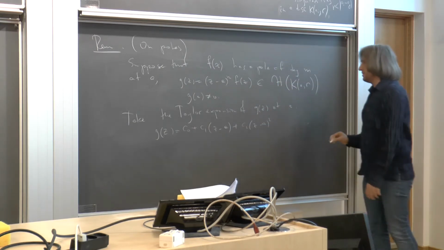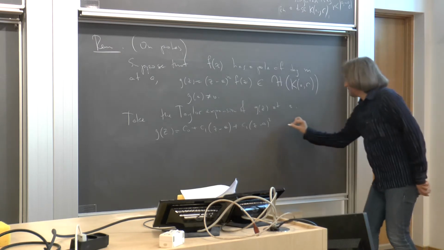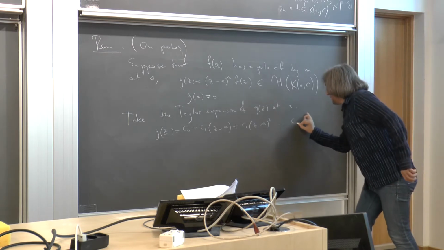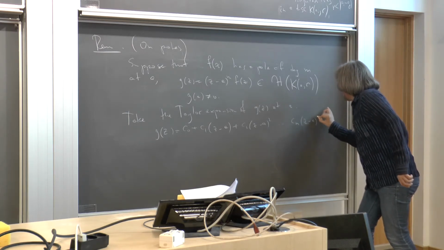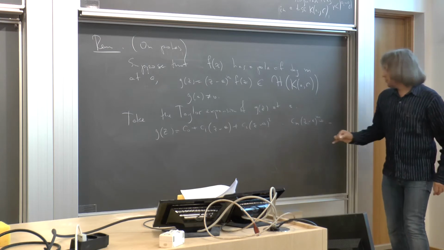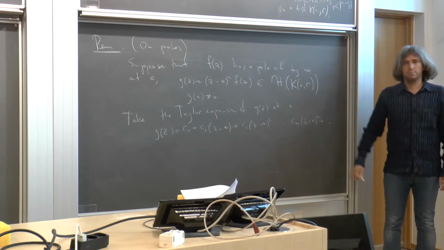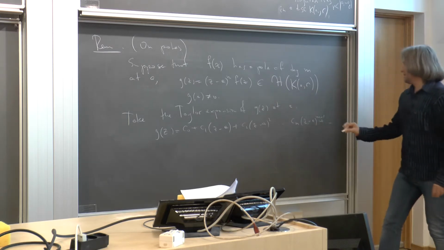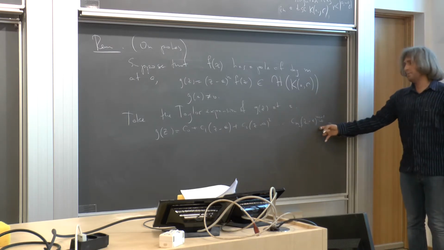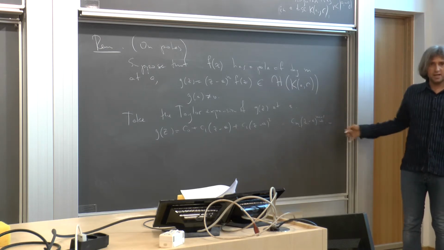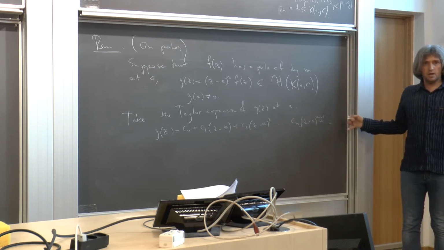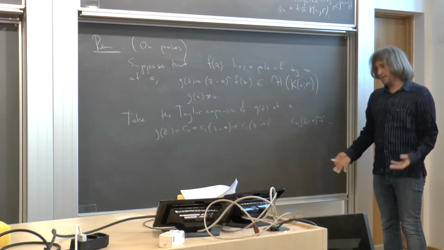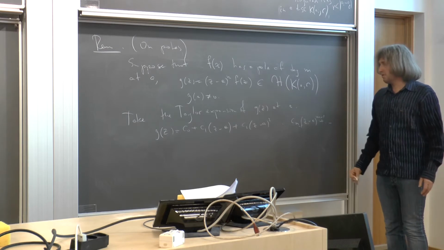I'm not even interested in these coefficients right now. Dot, dot, dot. And then the last one will be Cm minus 1 (z minus A) to the m minus 1, plus everything else, but I won't be interested in the rest of them. It's the last one I'm interested in. Of course, there's the whole tail of these. What I want to say is that these coefficients are canonically defined. They are derivatives or related to derivatives of g of z.